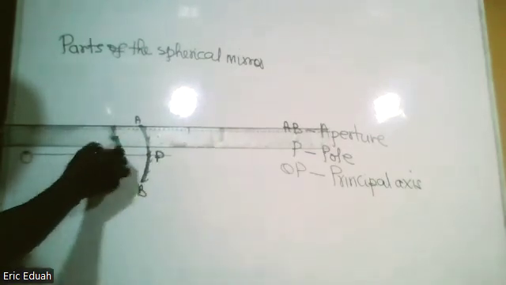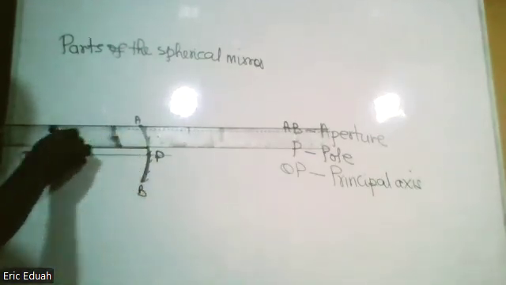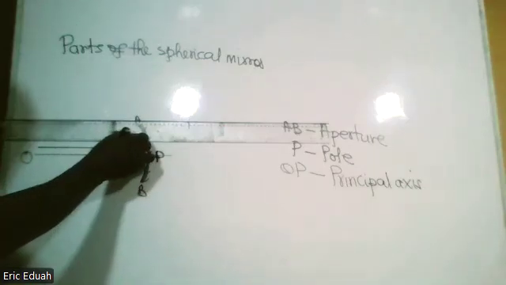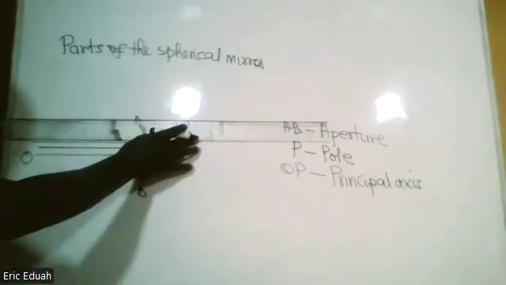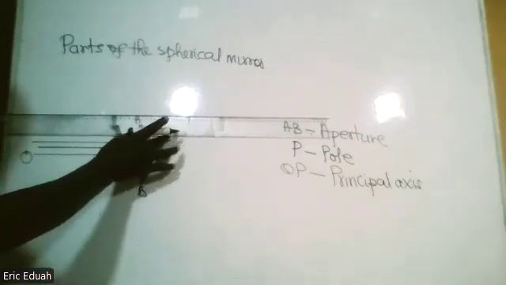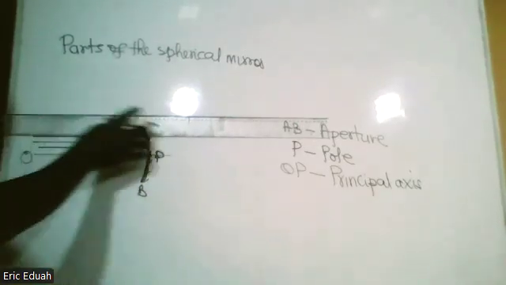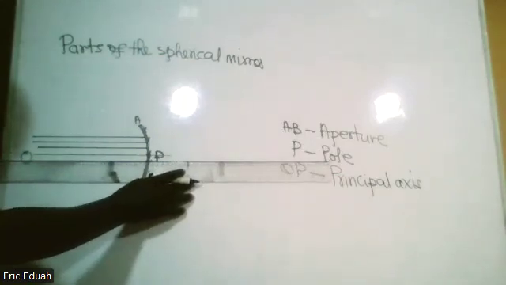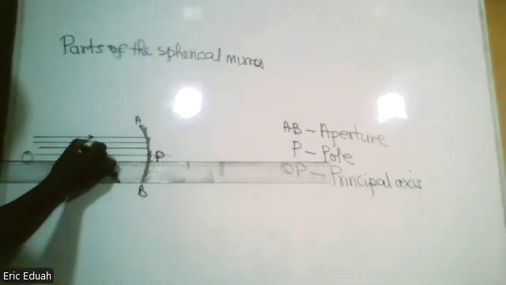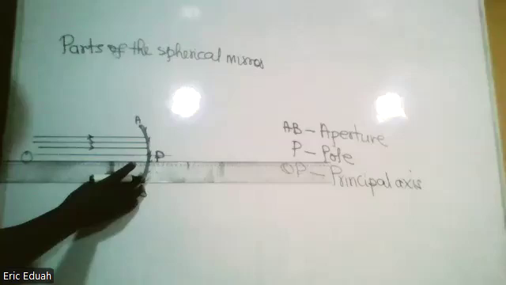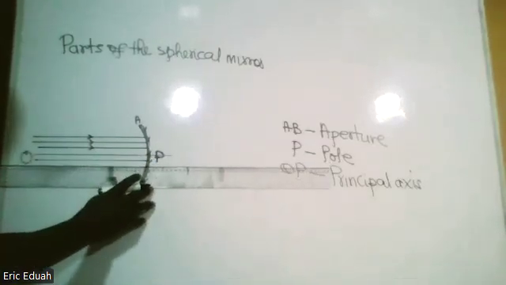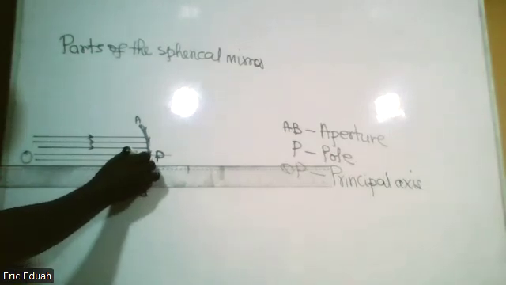So this ray is such that all rays that are close and parallel to the principal axis, rays must always be indicated with an arrow, so you don't overlook your arrow.